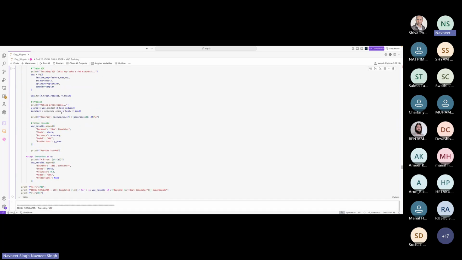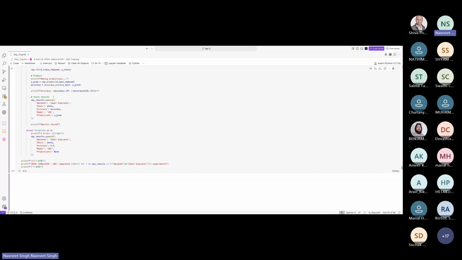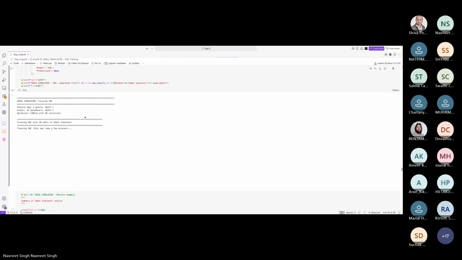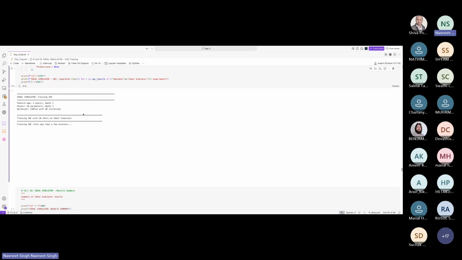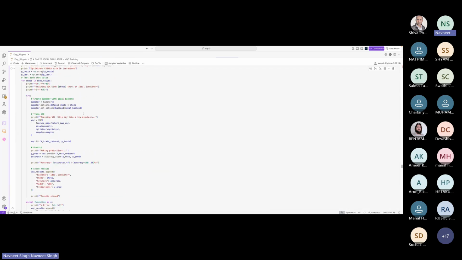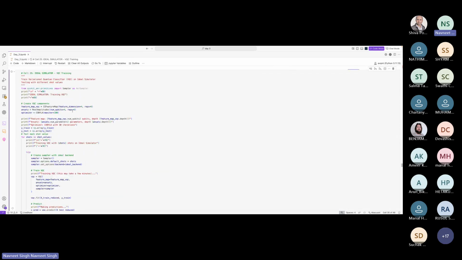Now let's see. So basically, when we increase the number of repetitions, in other words, it is increasing the number of layers in your neural network. And if we increase the number of qubits, that will increase the number of neurons or weights or biases.